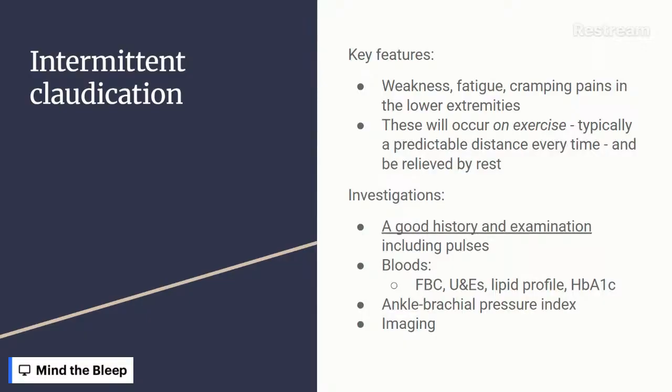And imaging we'll talk about more in the emergencies, because that's typically something that will happen in secondary care. This page is more useful as a framework for your OSCEs and things to be thinking about when you're taking a history and doing an examination.